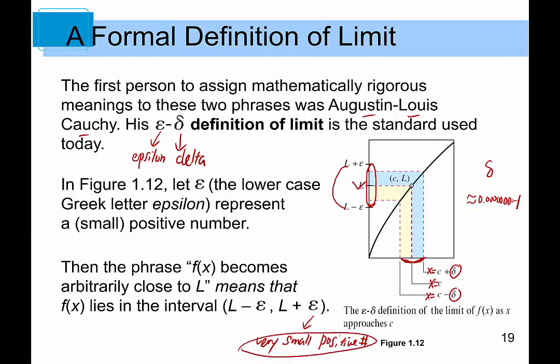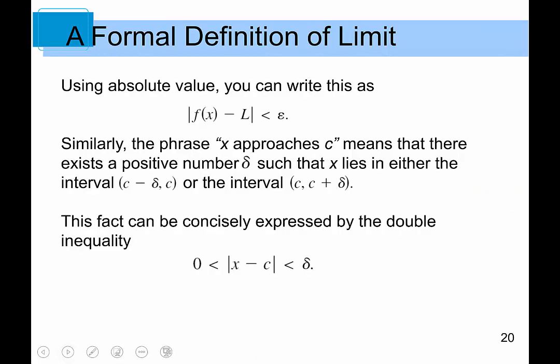Both delta and epsilon are very small positive numbers. So this is the formal definition of limit. And using absolute value, you can write this as absolute value of f of x minus L is less than epsilon.